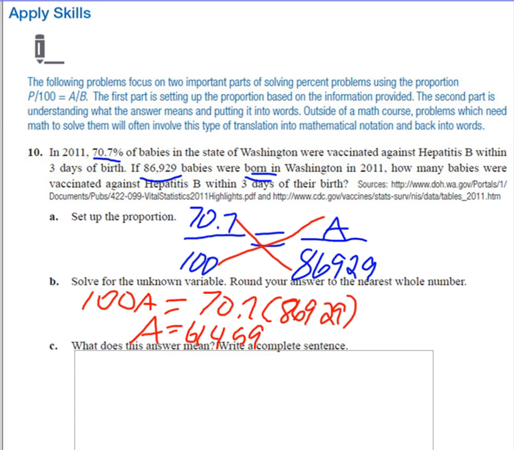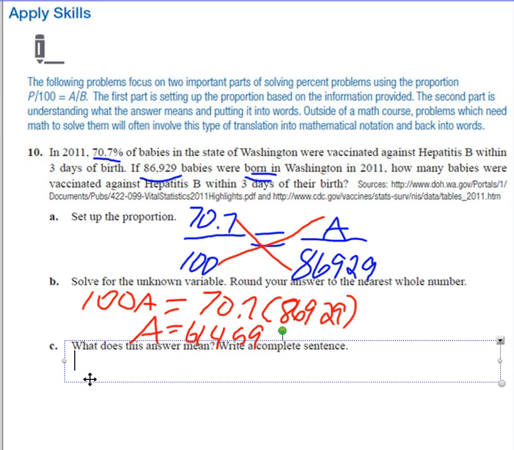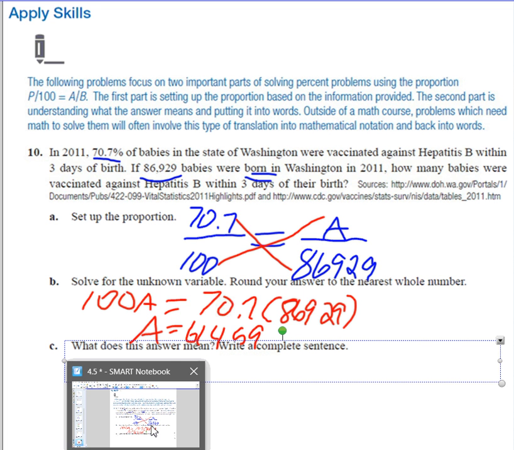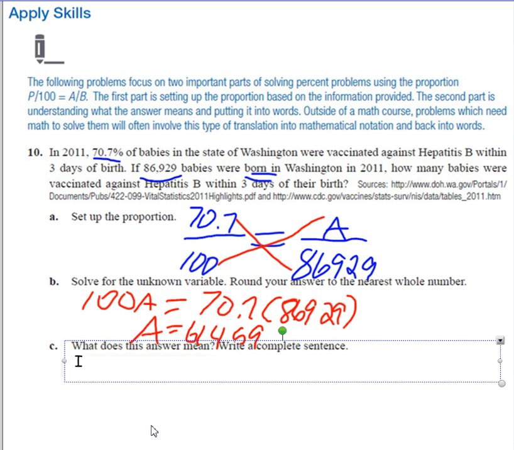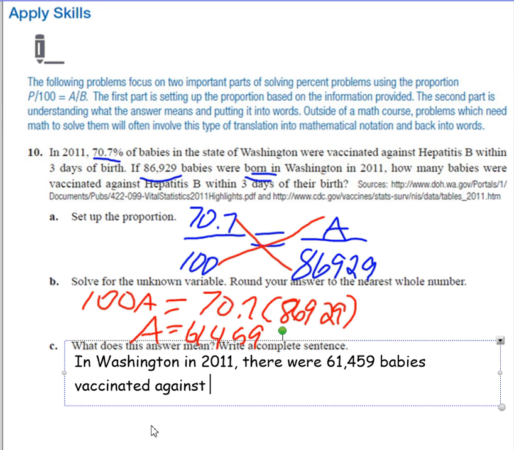part C. What does this answer mean? And it asks us to put it in a complete sentence. And so it means that in Washington in 2011, there were 61,459 babies vaccinated against hepatitis, let's put Hep B, within 3 days of birth.